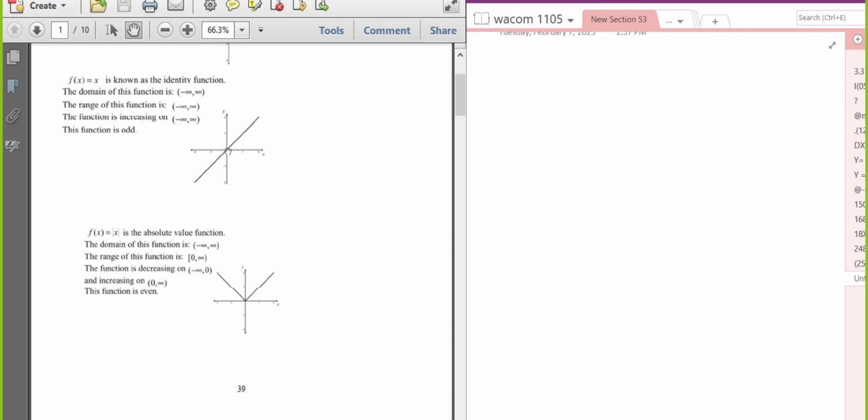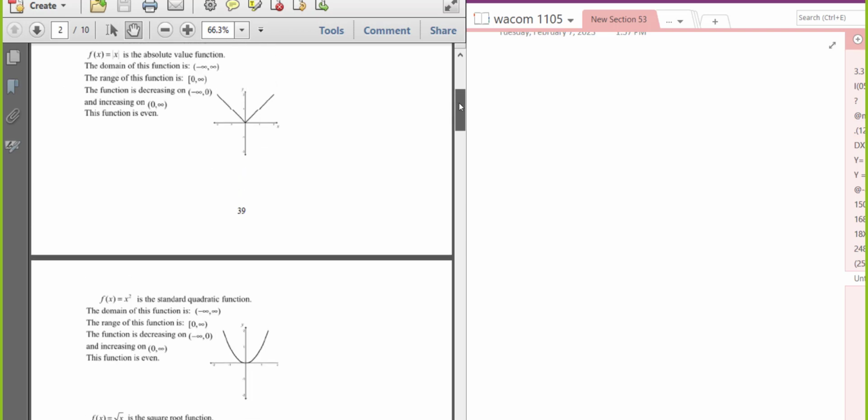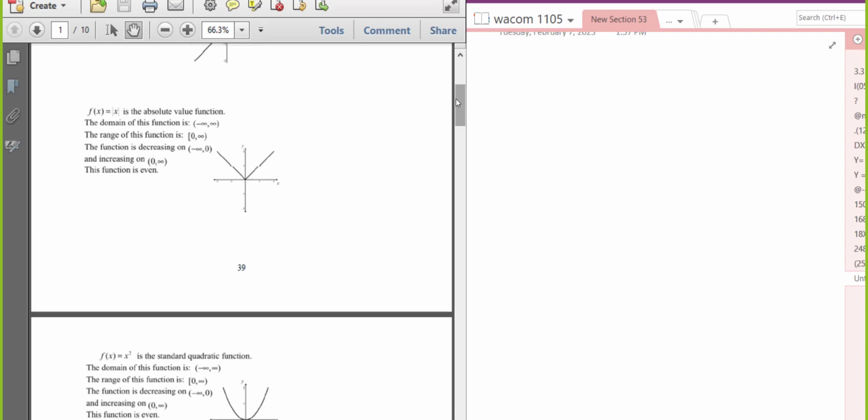All right, so what we'll look at are some of the others, and hopefully I put this in the other video because I teach it in class, so I assume that I did. This is the absolute value graph, and it's important to be able to create that graph yourself because you're going to do things to it.